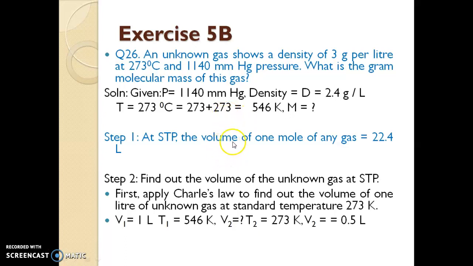Now we know 1 mole of any gas has 22.4 liter at STP. So what you do is you find out the volume of this unknown gas at STP. First apply Charles' law. Your volume is given as 1 liter, V1. T1 is also given, 546. And then you find out V2. So you will find V2 is equal to 0.5 liter.